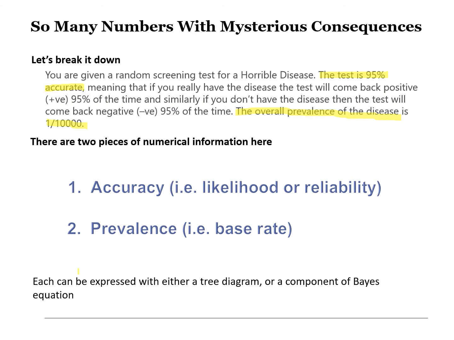One way to do that is to link it to components of Bayes' equation, and given that we know what that equation is, we can do some maths, or we can go for a more diagrammatic approach, like a tree diagram. And tree diagrams are what we will start with.